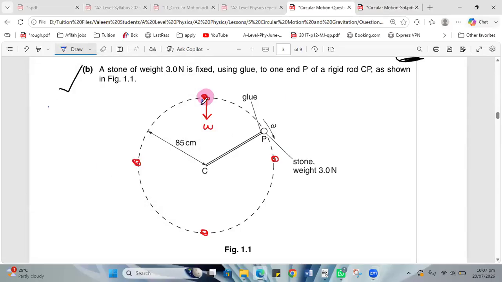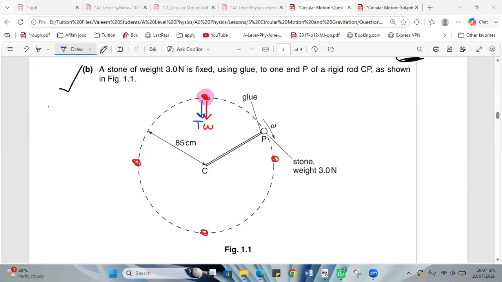Tension. Remember, there is a rod. Wherever there is a rod or a string or a rope, there is always tension in it. What will be the direction of tension? Downwards. How do I know it's downwards? Because tension always acts away from the object, and the object is the stone over here. So in this case, tension and weight both are acting downwards.